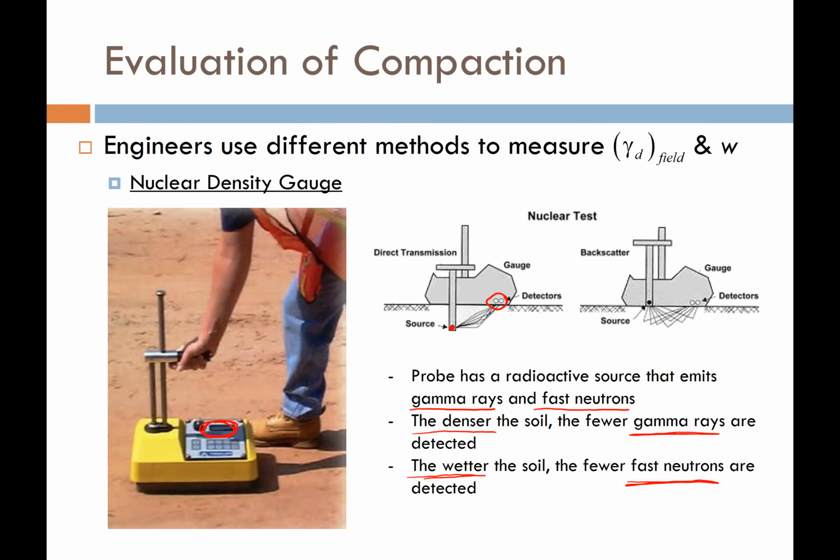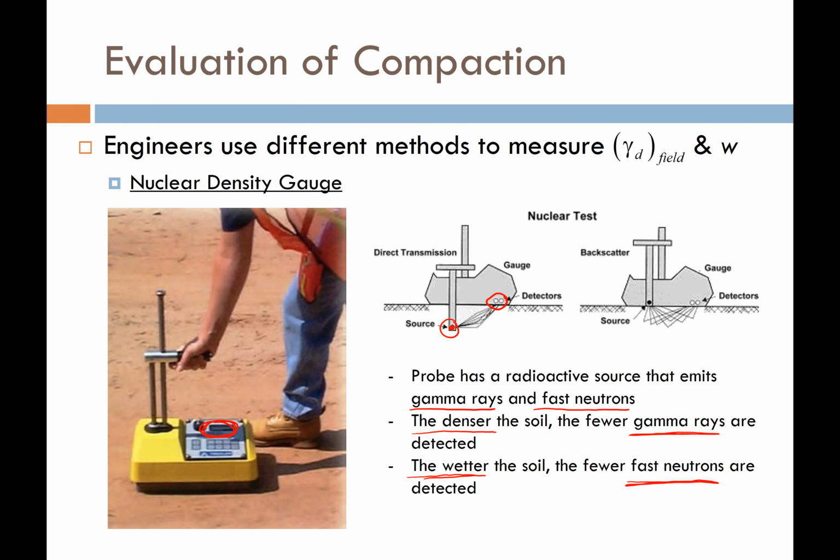It's that simple. Now, to have authorization to use a nuclear density gauge is kind of a big deal because these radioactive sources on the end of these rods are quite radioactive. And so these devices are all governed, managed and administered by the Nuclear Regulatory Commission.